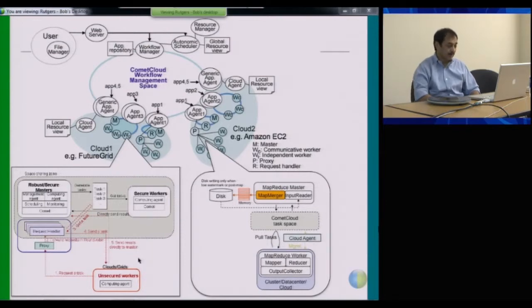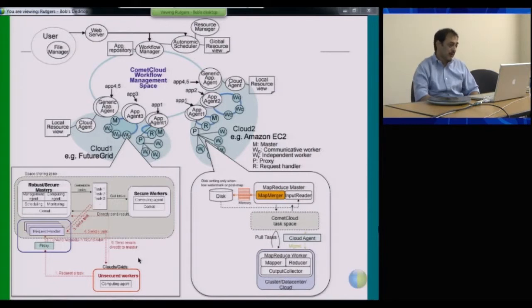One was a bag of tasks stage, which was doing a lot of document processing of document images and trying to interpret them. And the second one was then taking a lot of that data and doing some analytics on it, right?